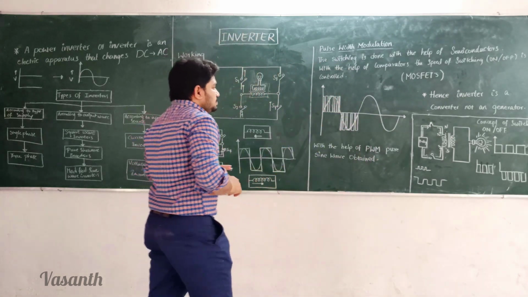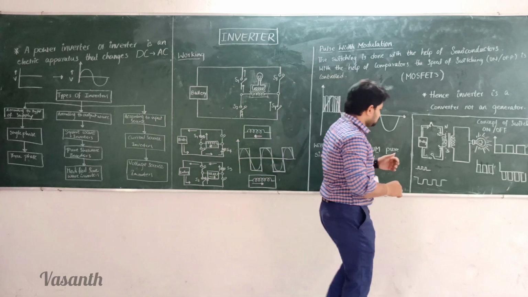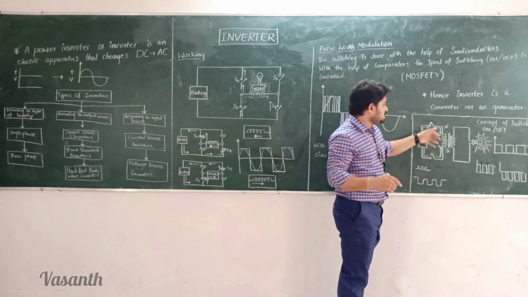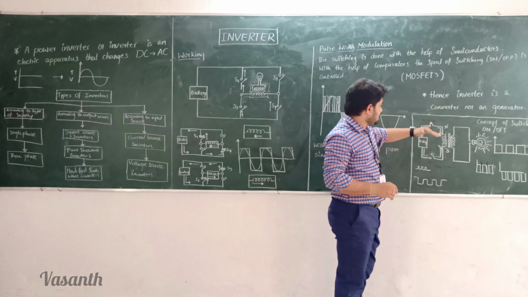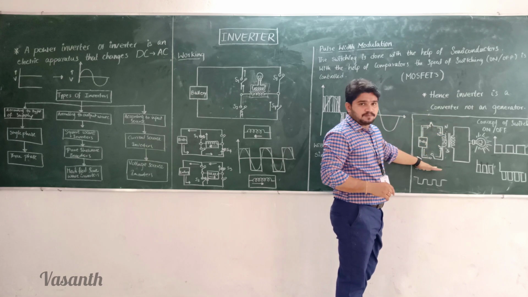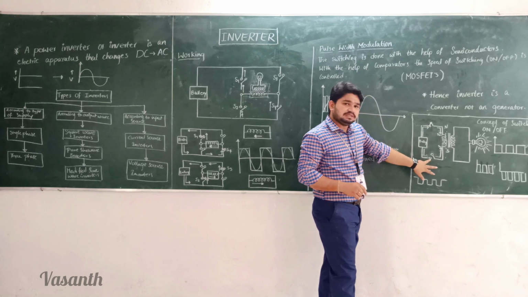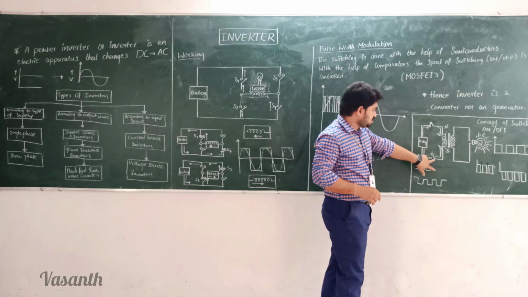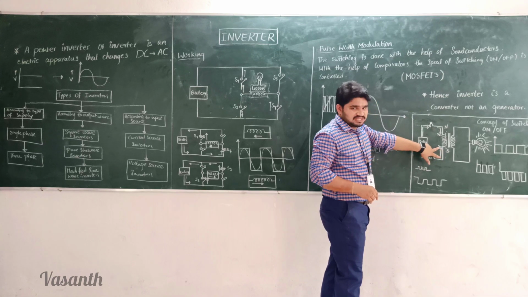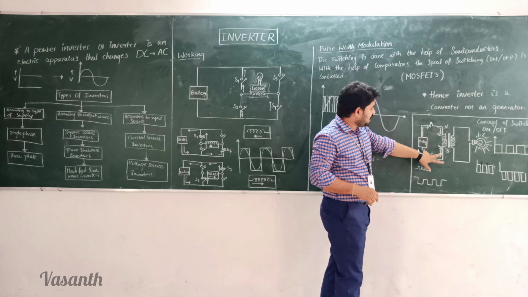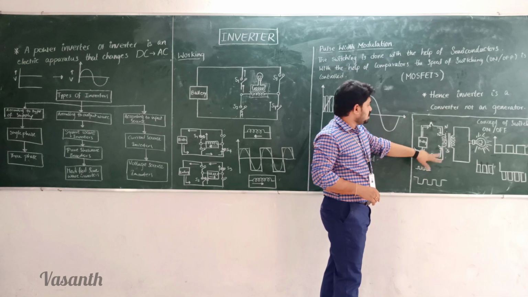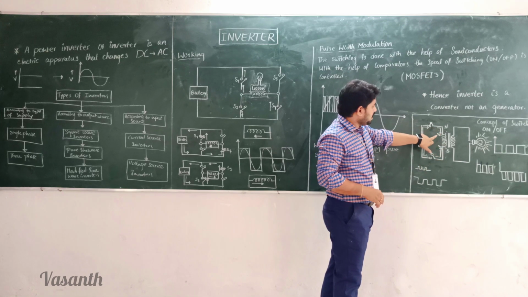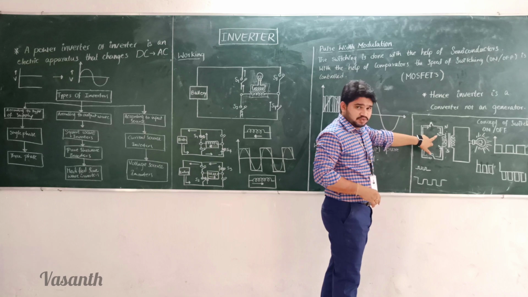Okay, and I have one more idea. Instead of using only one switch, I have placed two switches here, S1 and S2. When I switch on S1, the current travels through this switch and enters the coil. And when I switch this off, the current will flow through the switch S2 and enter the other coil.